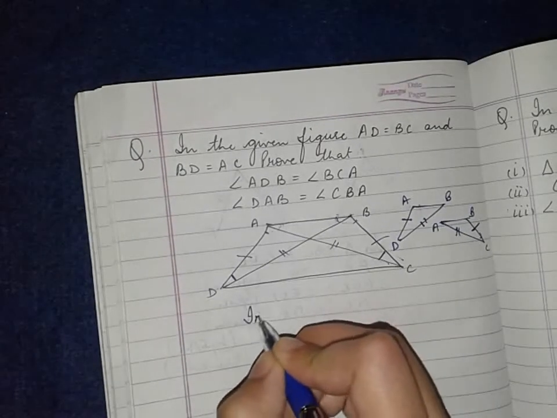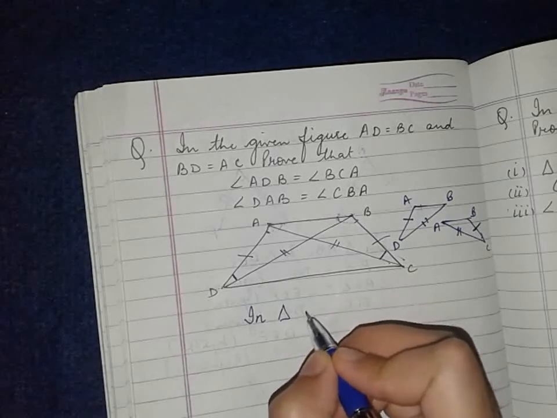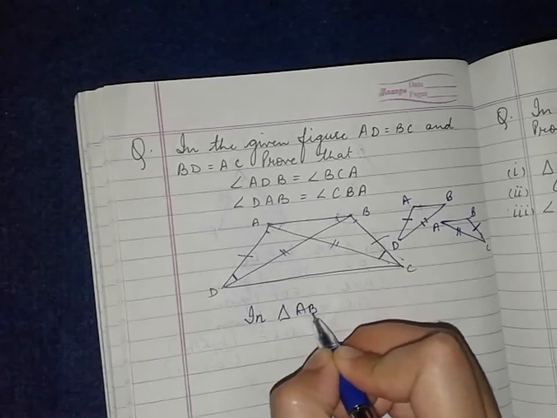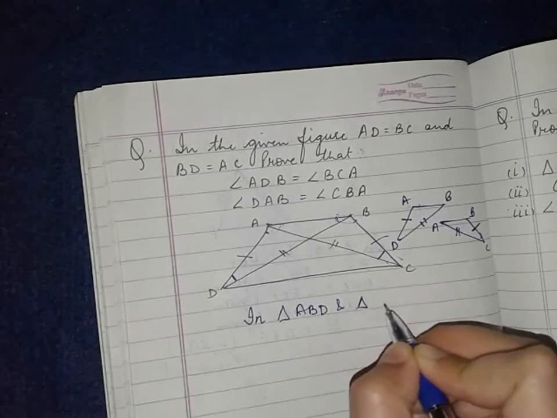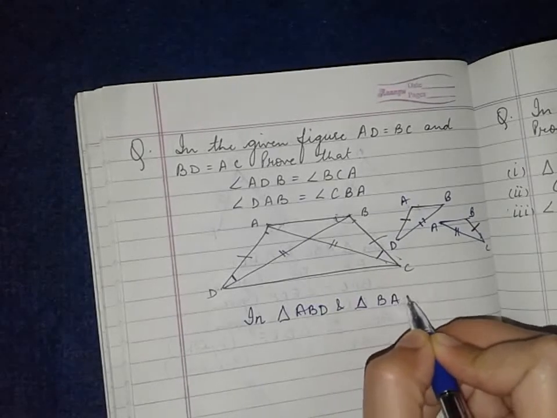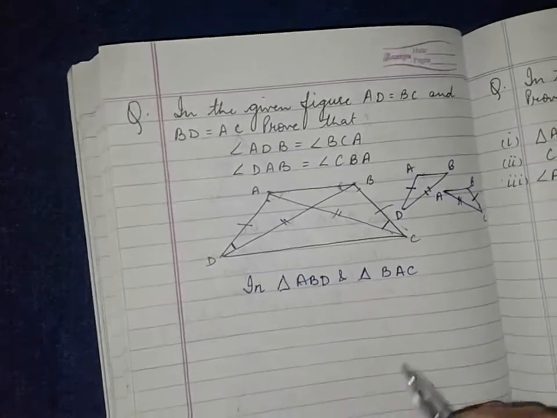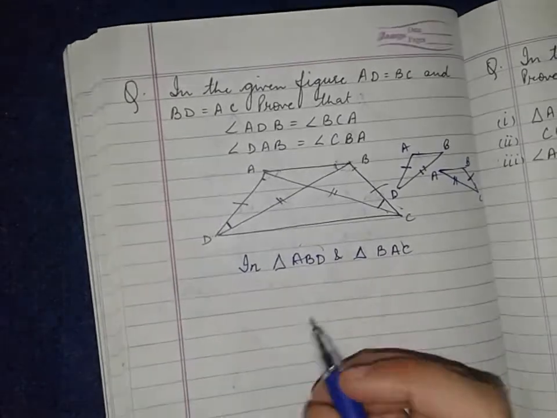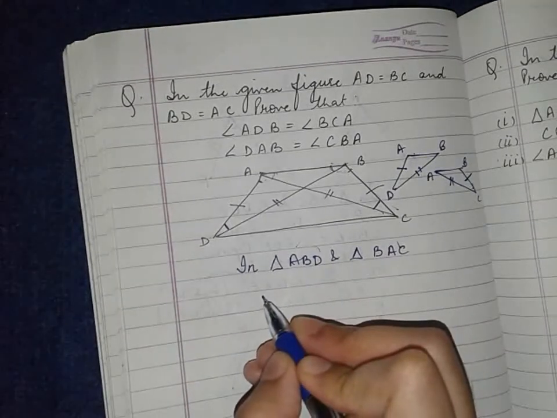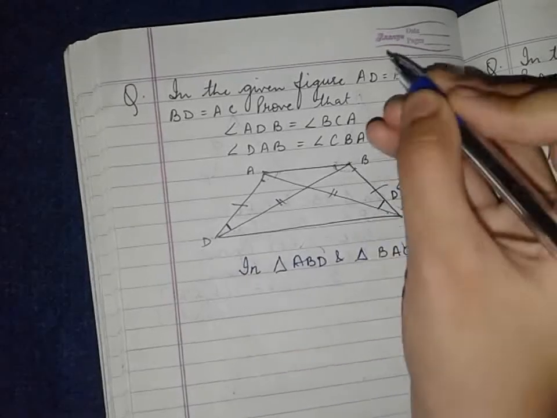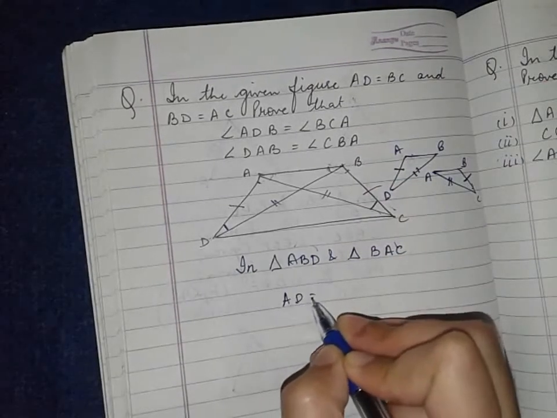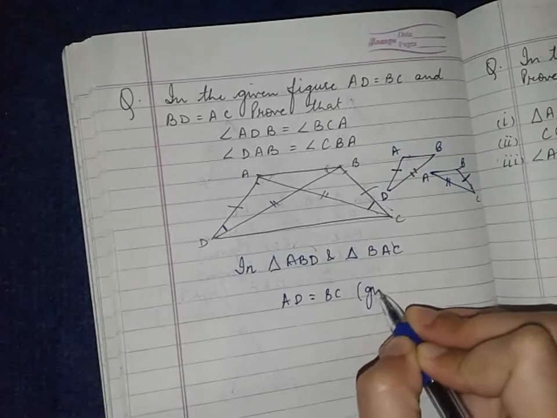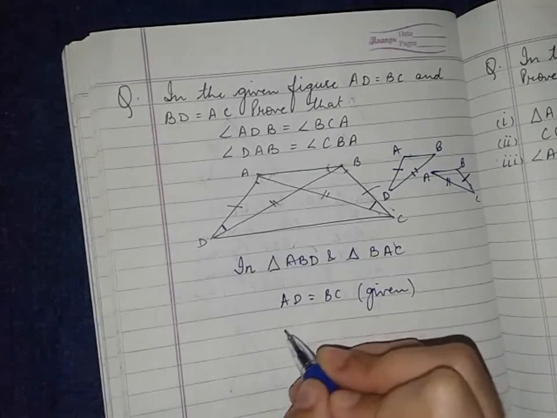So we can proceed with the same triangles: triangle ABD and triangle BAC. Name the triangles properly. AD is written here, so BC will be written this way. What can we write equal? What is given? AD is equal to BC. Reason: given.